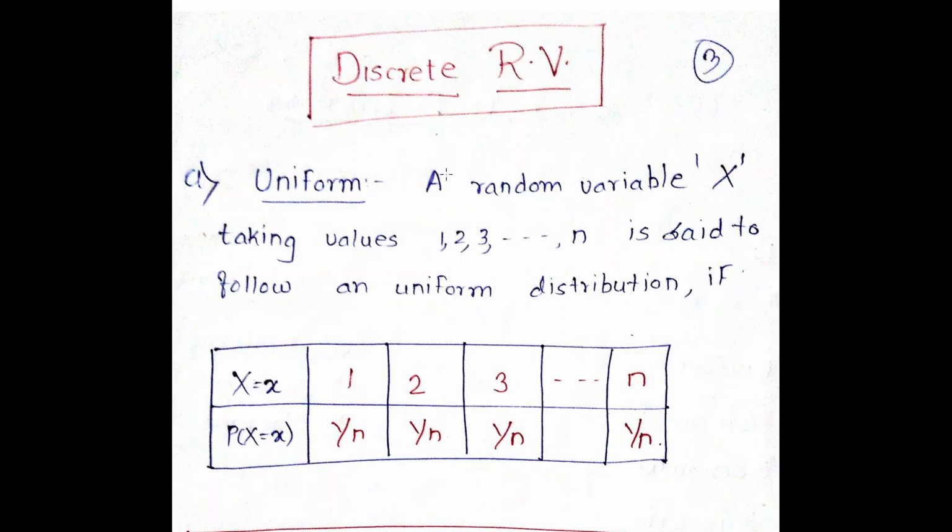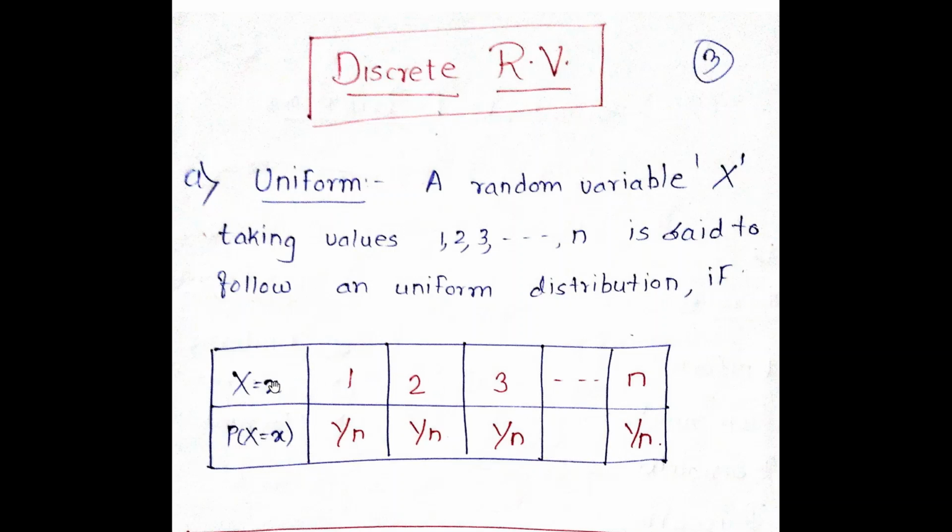In the uniform discrete standard distribution, there is a random variable x, and this random variable x takes values 1, 2, 3 till n, and the probability of each value is given as 1 by n.